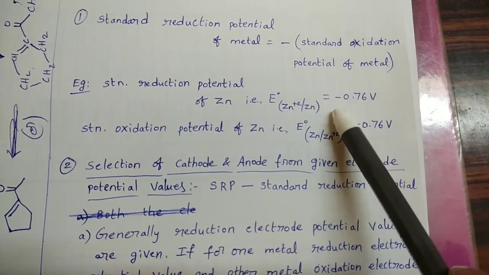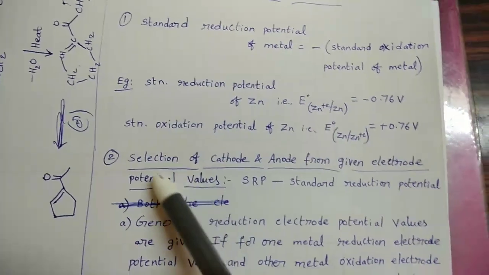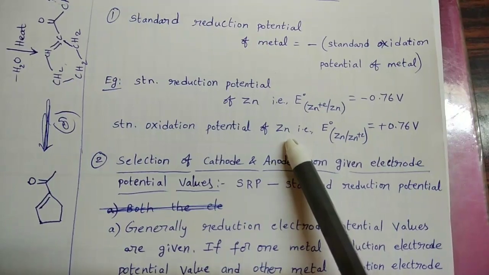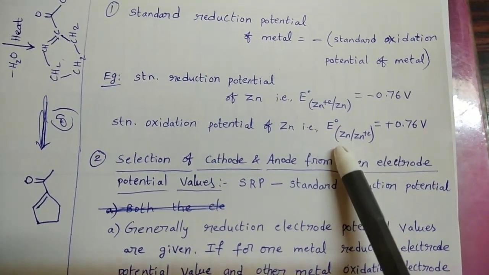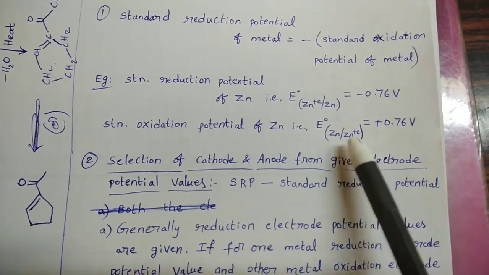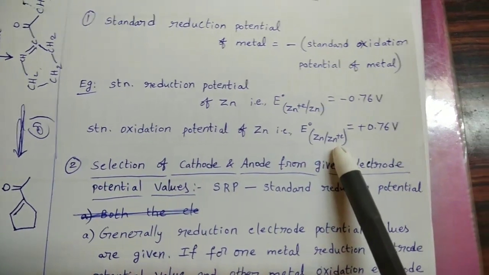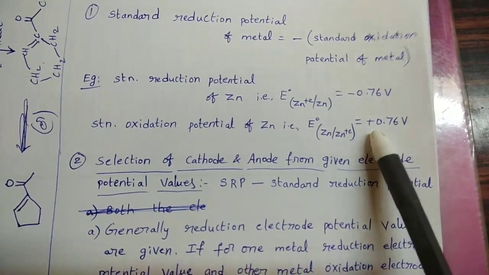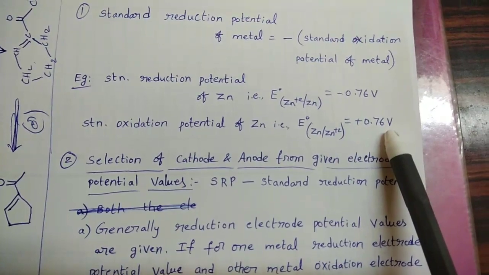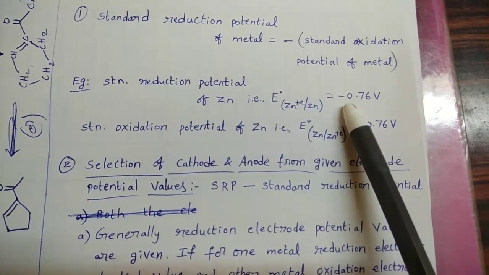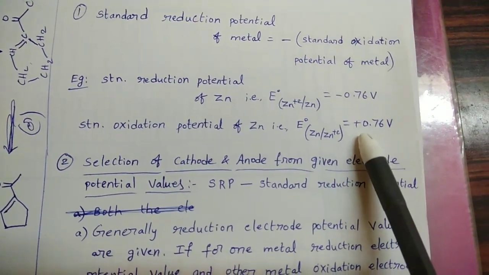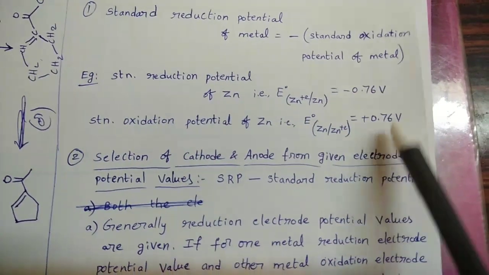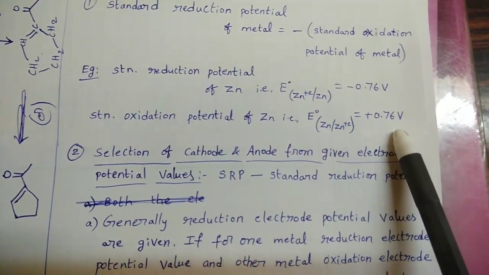For the same metal, if we consider oxidation potential, standard oxidation potential of zinc, that is E0 Zn/Zn2+, zinc is oxidized to Zn2+, then potential value is plus 0.76 volts. Reduction value is negative, oxidation value is positive, but magnitude is the same, only sign is different.